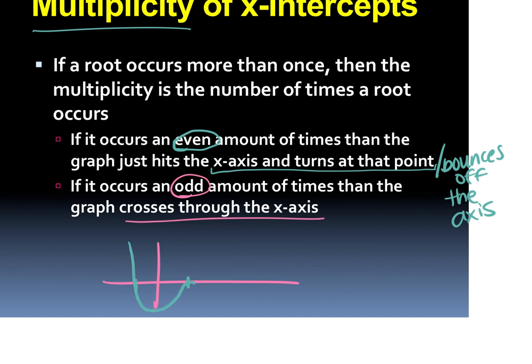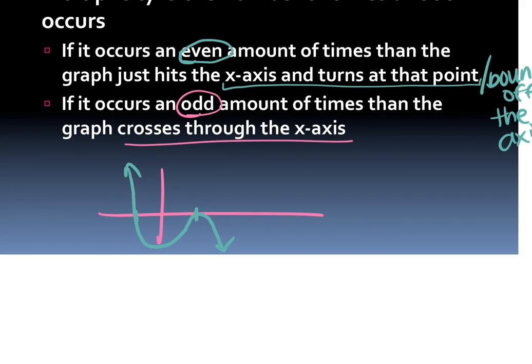It's going to come up and hit and turn around and bounce off this one. So the left would be if it had an odd multiplicity. And the right would be if it had an even multiplicity. So bounces off is what that looks like. It's literally going to hit it. This is a 0, but it bounces off of it at that point.